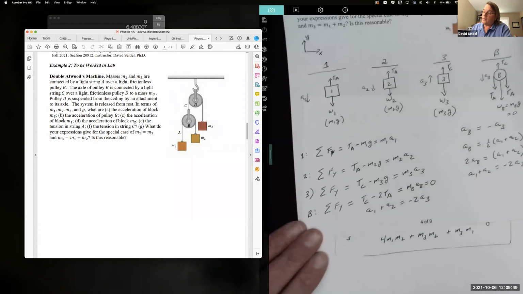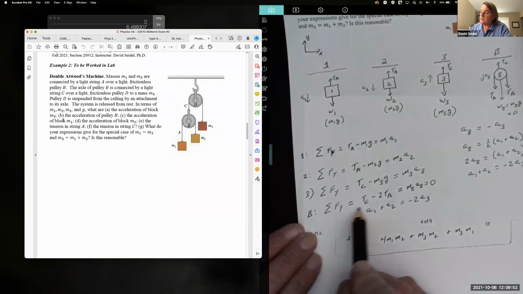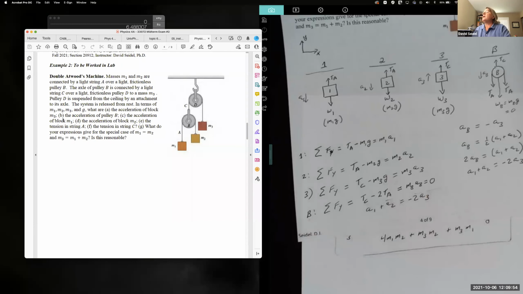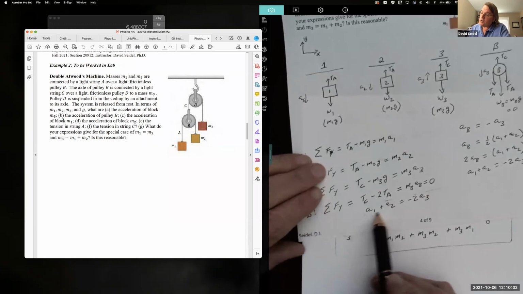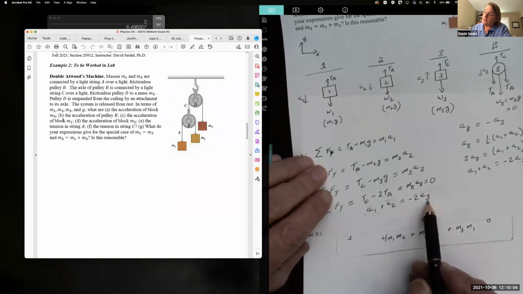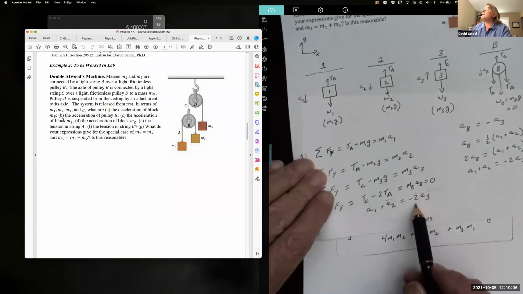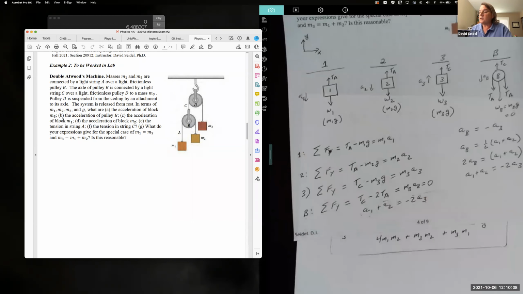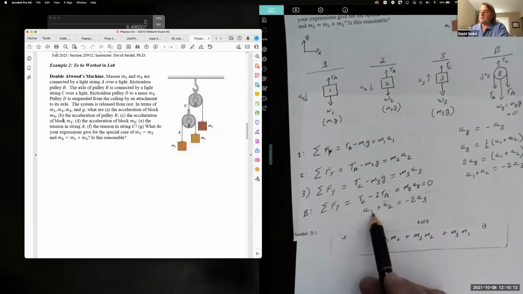If you want to go through, this is really the only place I'm asking you to stop on the problems that I gave you in the lab. I should have asked you to give me things there like the relationship of the accelerations, the relationship between the free body diagrams, because this gives me the 5th equation.